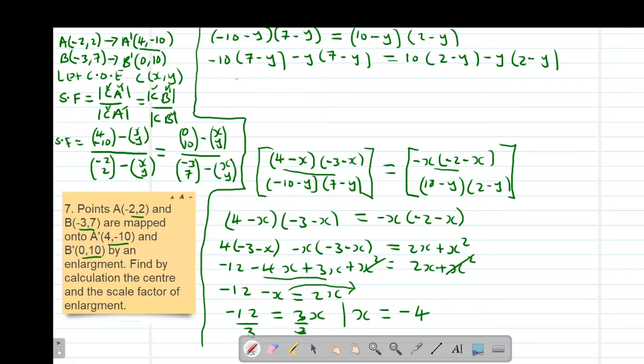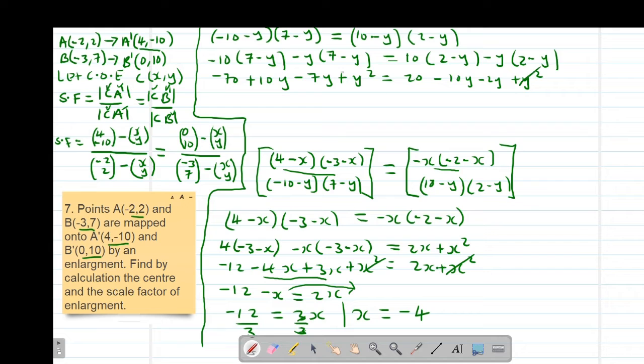So if I open the bracket, I'll have negative 70, then plus 10y, then minus 7y, then plus y squared should give me 20 minus 10y, then minus 2y, then plus y squared.